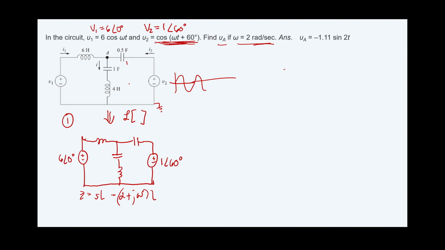So therefore our expression here for the AC signal is simply jωL. So you have j times 2 times the inductance, which is 6 henry, and this is 12j.